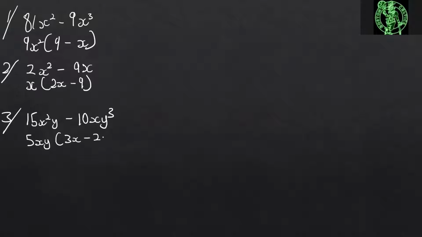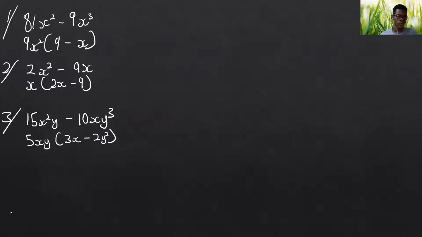Negative 2y, is it? Square, sorry, y is squared. All right, so we are in agreement with this answer: 5xy open bracket 3x minus 2y squared. Any disputes here?